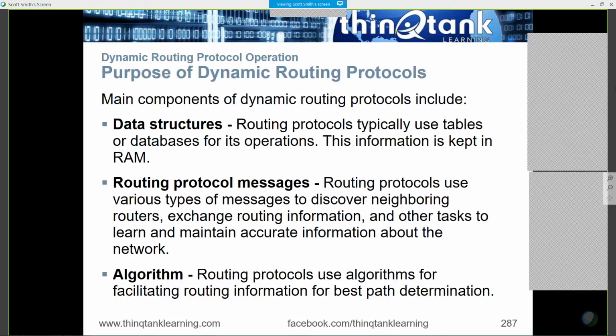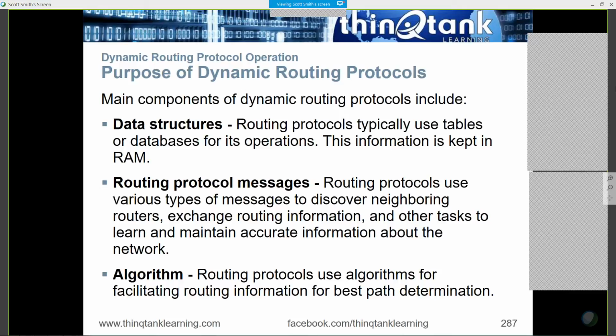And then the third data structure is a list of all of my information sources. What do I mean by information sources? What is an information source when it comes to dynamic routing? Another router, right? In the case of dynamic routing protocols, it's my neighbor router.